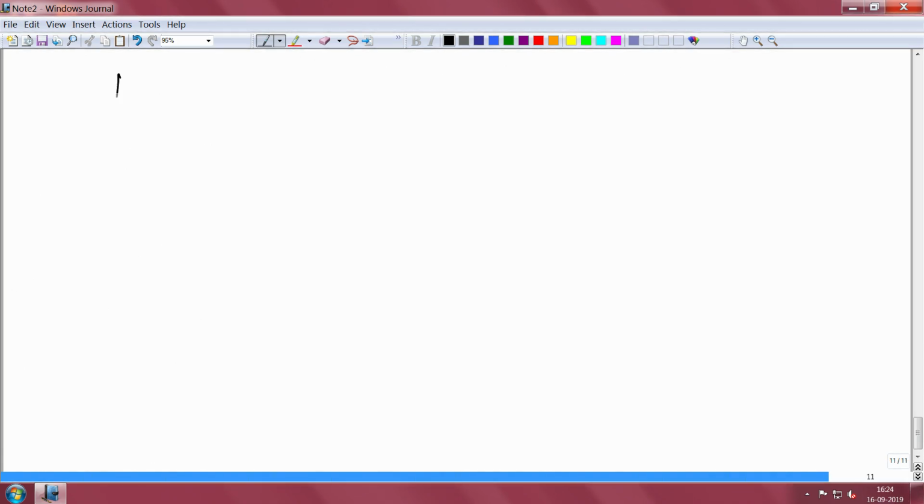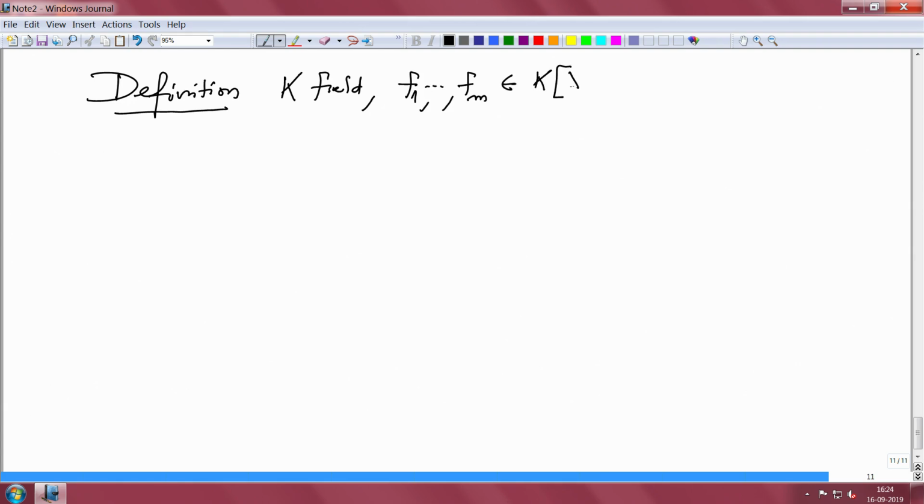Okay. So, now the definition. K is an arbitrary field, and F1 to Fm are polynomials with coefficients in K. That means they are polynomials in the polynomial ring over K in n indeterminates, and we are looking for a solution set, but not with coordinates in K, but coordinates in L, where L over K is a field extension, L algebraically closed.